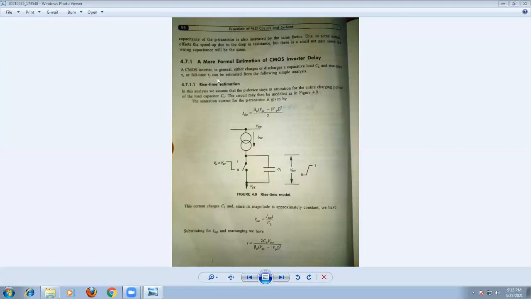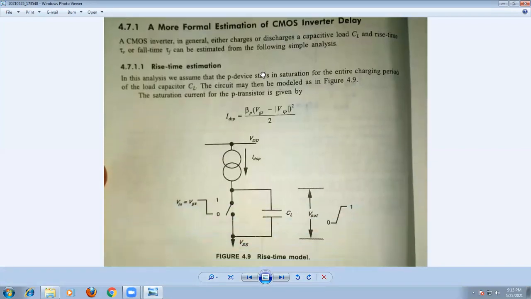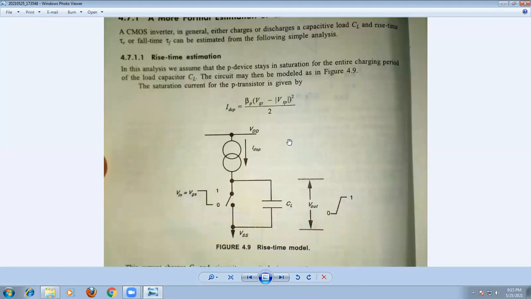So just observe here, the formal estimation of CMOS inverter delay. As we know, in the CMOS inverter circuit, as in the NMOS inverter circuit, the output has a complex load. That means the output is not resistive, so we can consider a complex load.